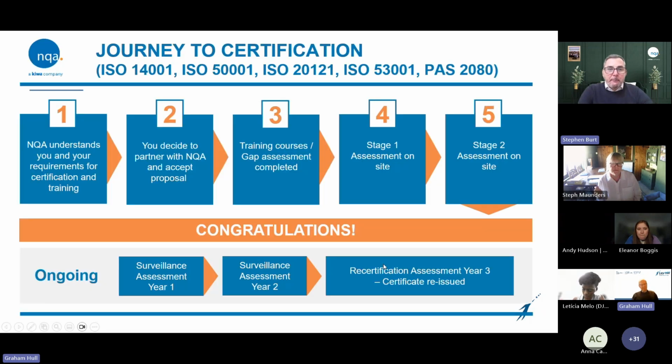Yeah, absolutely. So as I mentioned previously, NQA are a global certification body, but we're also a verification body. And there's a distinct difference between the two. From our point of view, it means that our regulator, which is UCAS, United Kingdom Accreditation Service, which is the UK's national accreditation body, they accredit NQA to be able to provide certification services and verification services against the various ISO standards.